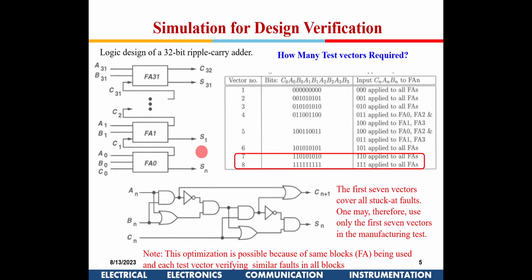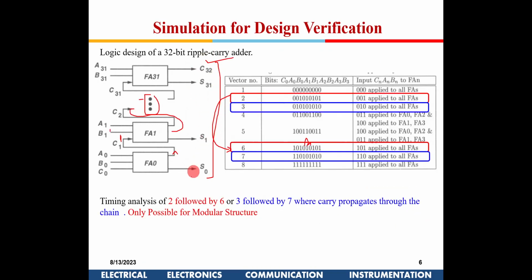Now when we do that, then we can say for sure that this entire circuit works, so you don't have to do any timing analysis. This is one, or you can take this option also, 3 followed by 7. So only one of them is a good analysis, right? Both of them need not be done, either 2 followed by 6 or 3 followed by 7.